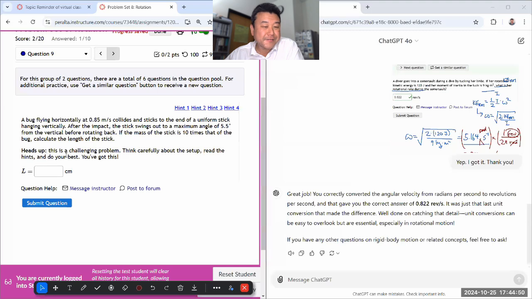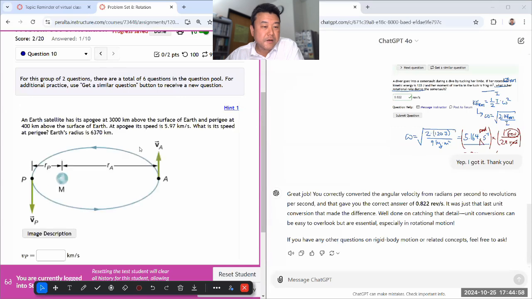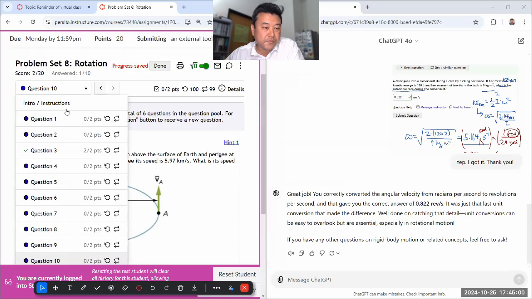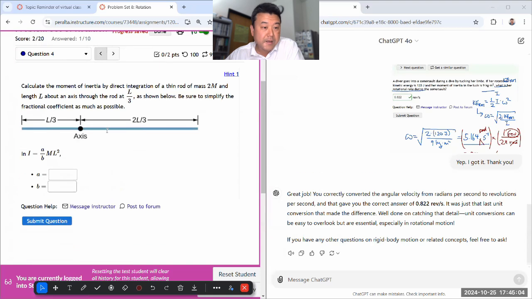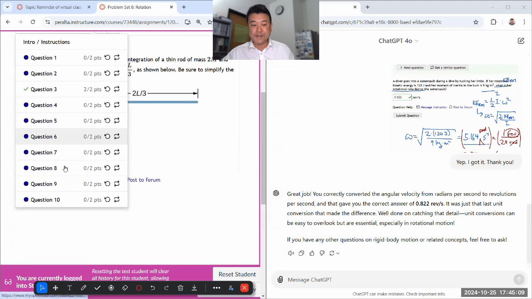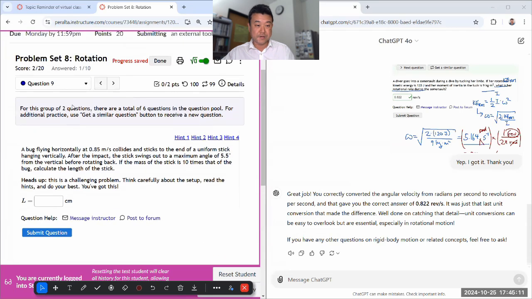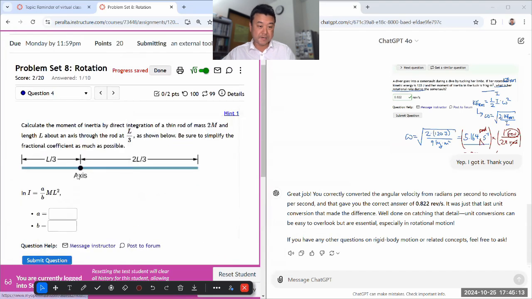This is a challenging question. So should I work through this? All right, so let me do it this way. Let me do that other question first. Is it question 4? Yeah. Because I think I can do it in less than 10 minutes. And in whatever remaining time, let's attempt question 9. So let me start with this one.